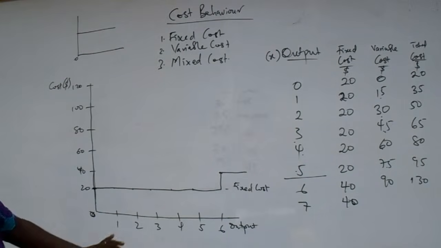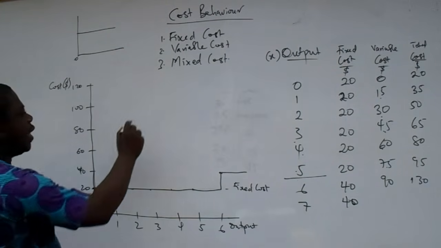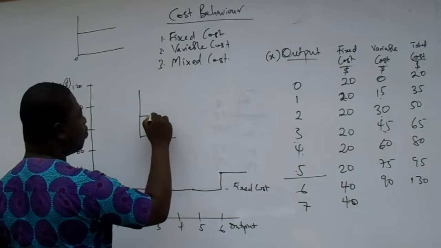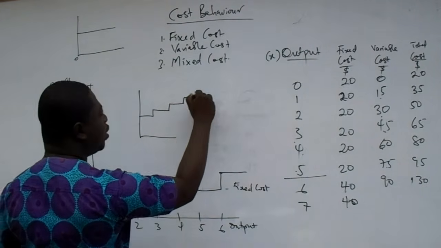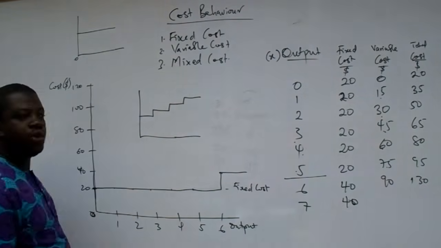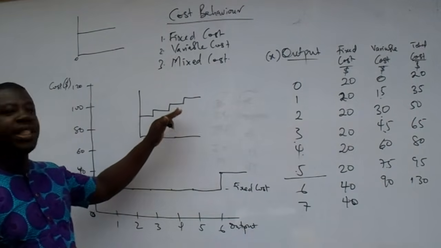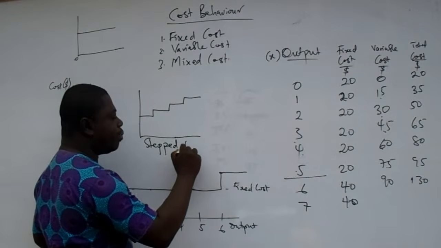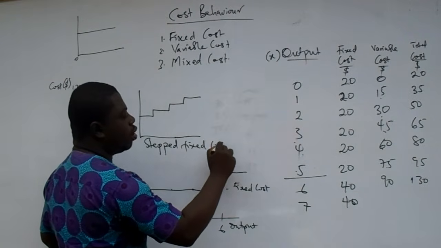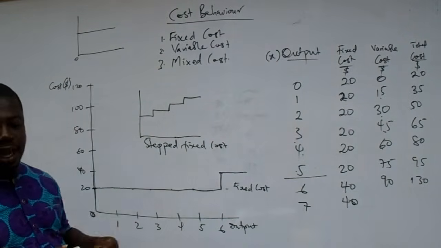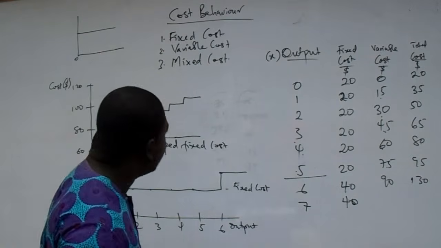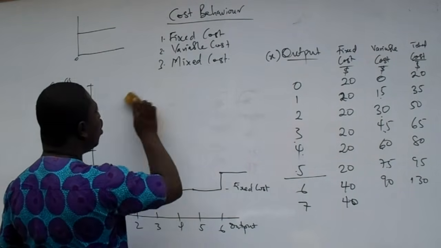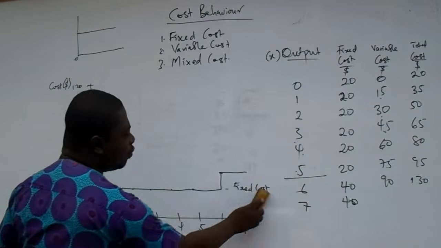And so you see that when fixed costs are changing, there will be a step up in this form as we get to the ranges. And this is what we call stepped fixed cost. There is a step up, so we call it stepped fixed cost. That means our fixed cost changed as we exceeded the range of activity level. Okay, then we move.